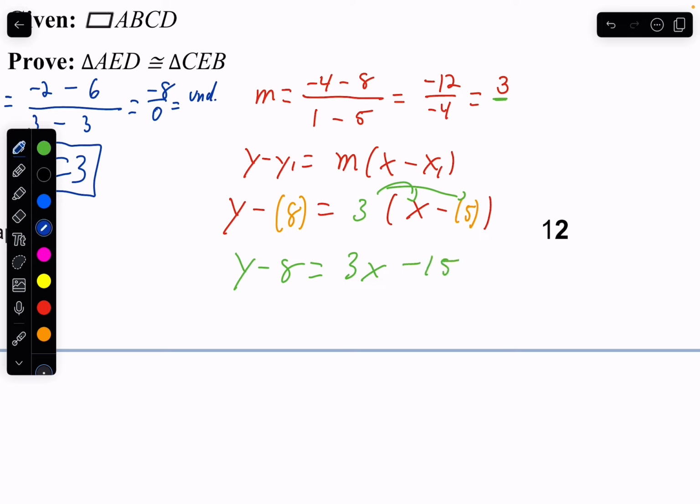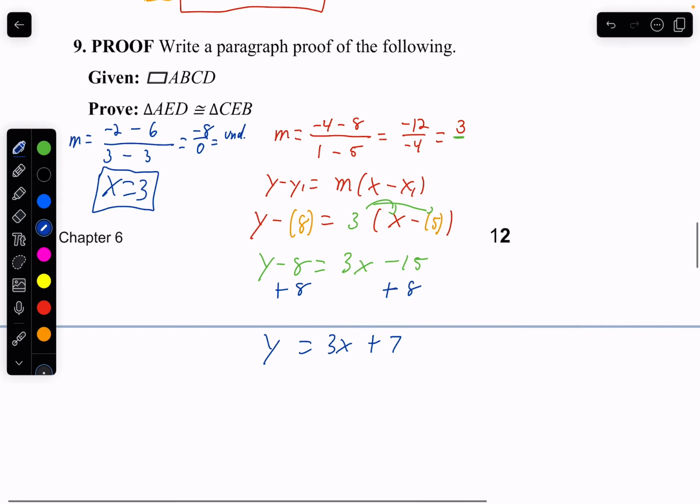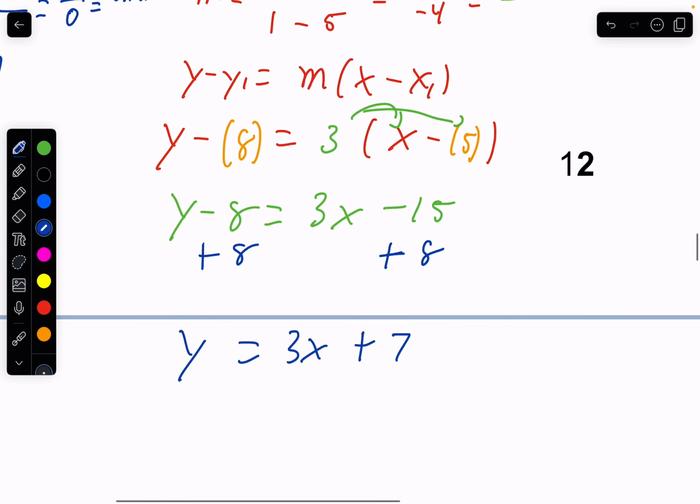And we are just going to add 8, and that will be 7. Y equals 3x plus 7. And that is the equation for the red diagonal. Sorry, I said blue at first.